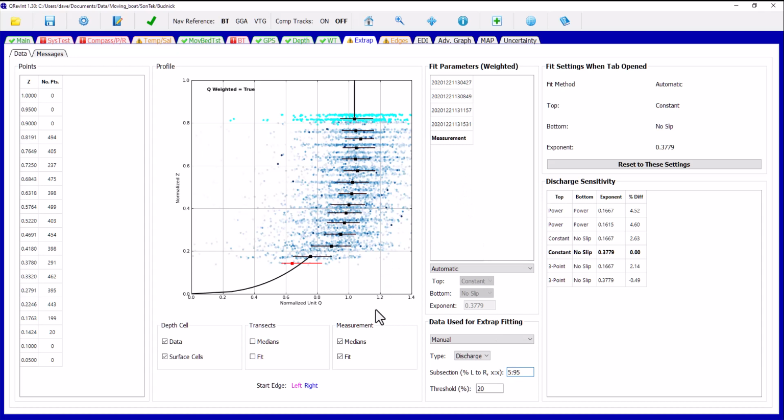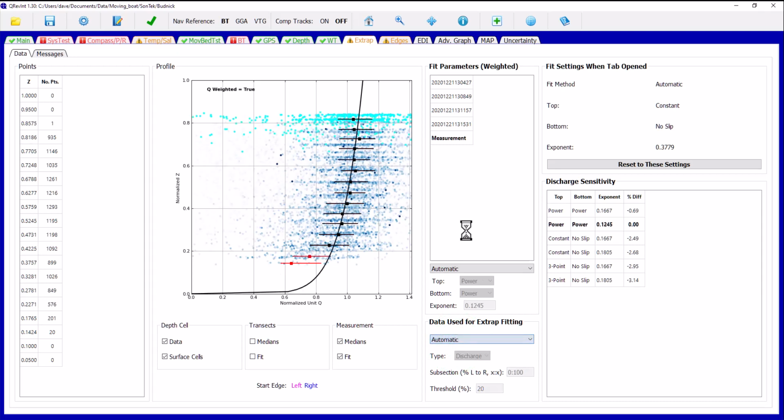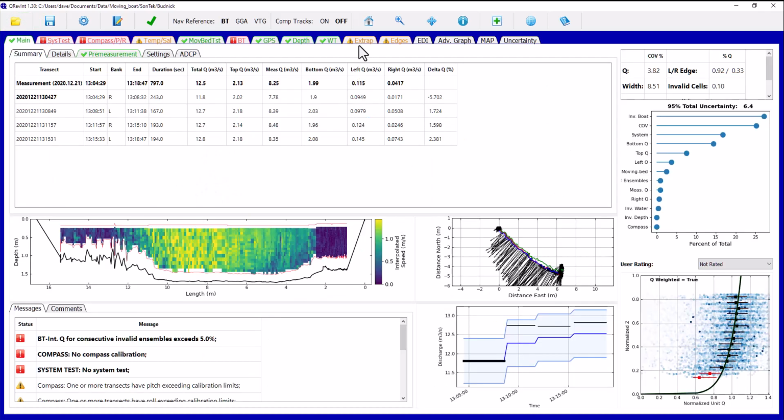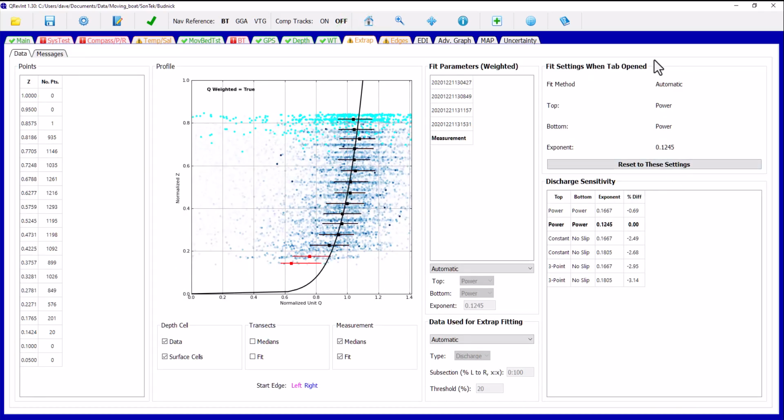And finally, just to illustrate one of the other features, let's go back to everything being automatic. We need to leave the tab, come back to the tab. This box here shows the values that are set when we entered the extrapolation tab.